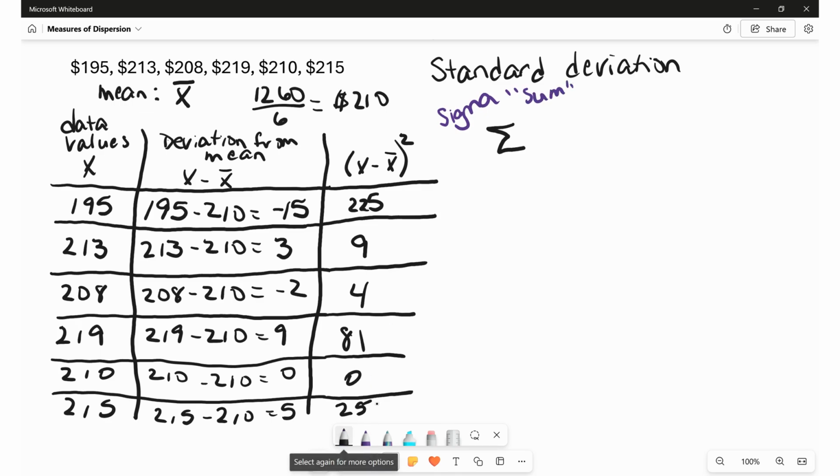So we're going to find the sum of all of these deviations squared. So all we're doing here is adding 225 plus 9 plus 4 plus 81 plus 25. And that gives us 344.